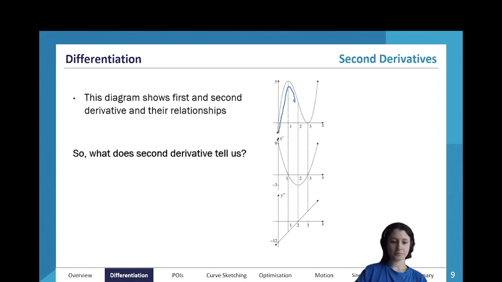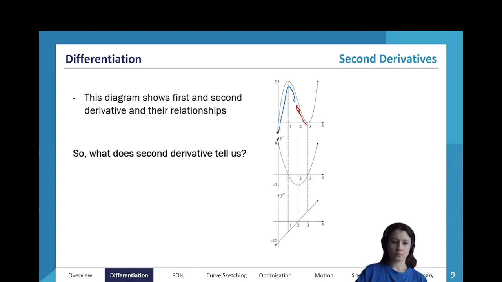However, once we get to this middle point here, our gradient actually starts increasing again. So let's have a think about this bit here. Our curve is still going down. It still has a negative gradient. But as you can see, it's getting flatter and flatter.